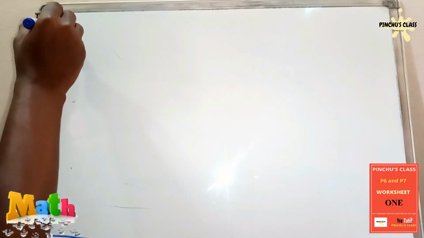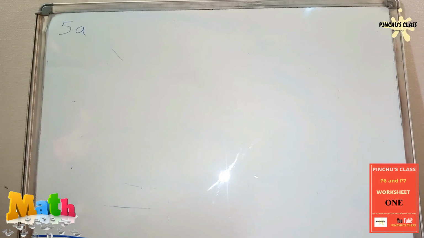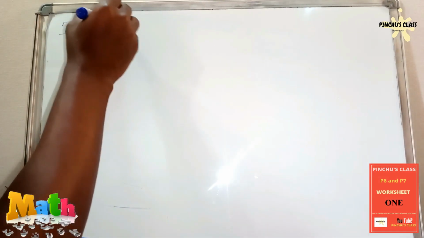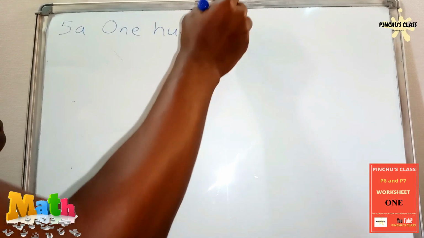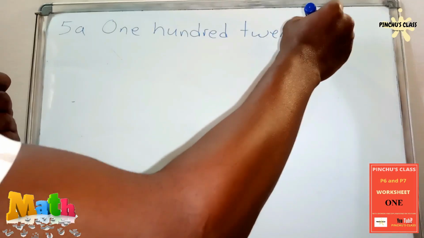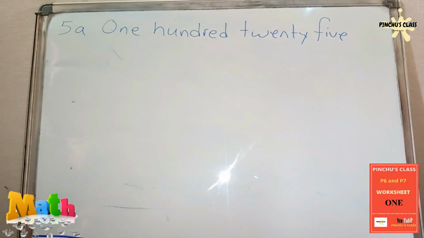Number 5A. Now they have given us the number 125, and they have told us to change that to figures.